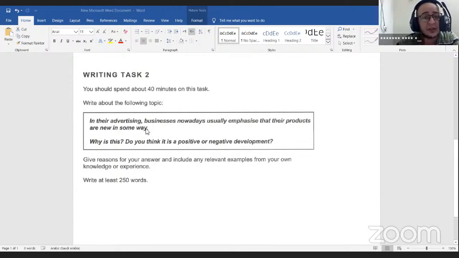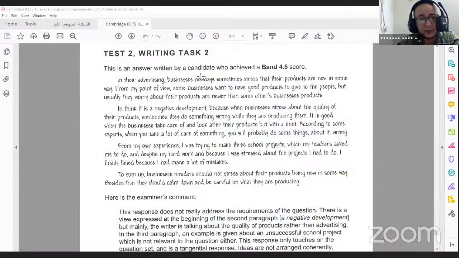And in advertising, businesses nowadays usually emphasize that their products are new in some way. Why is this? Do you think it's a positive or negative development? This is the question. Well, and this is the piece of writing written by some candidate who achieved 4.5.